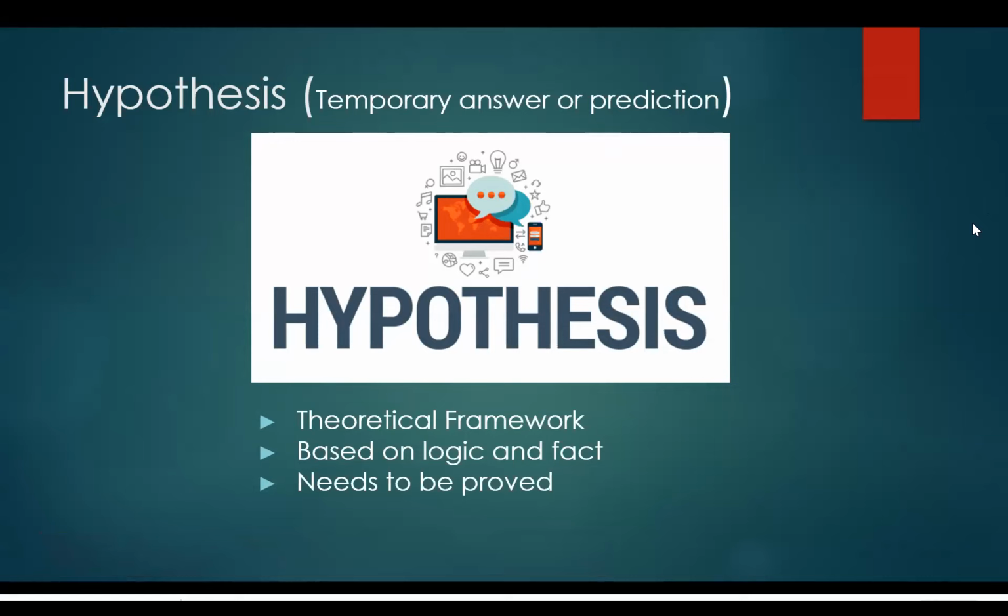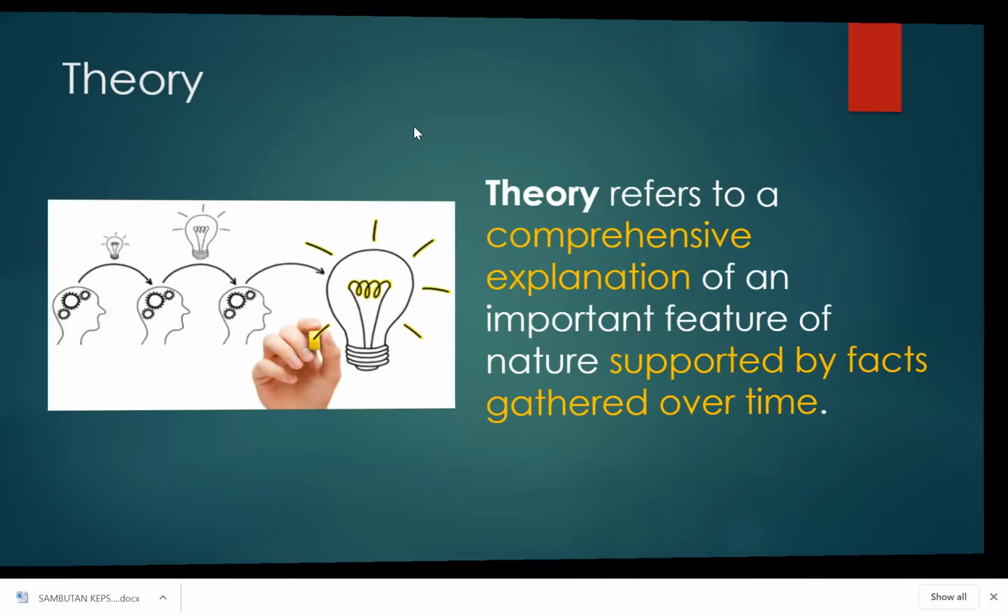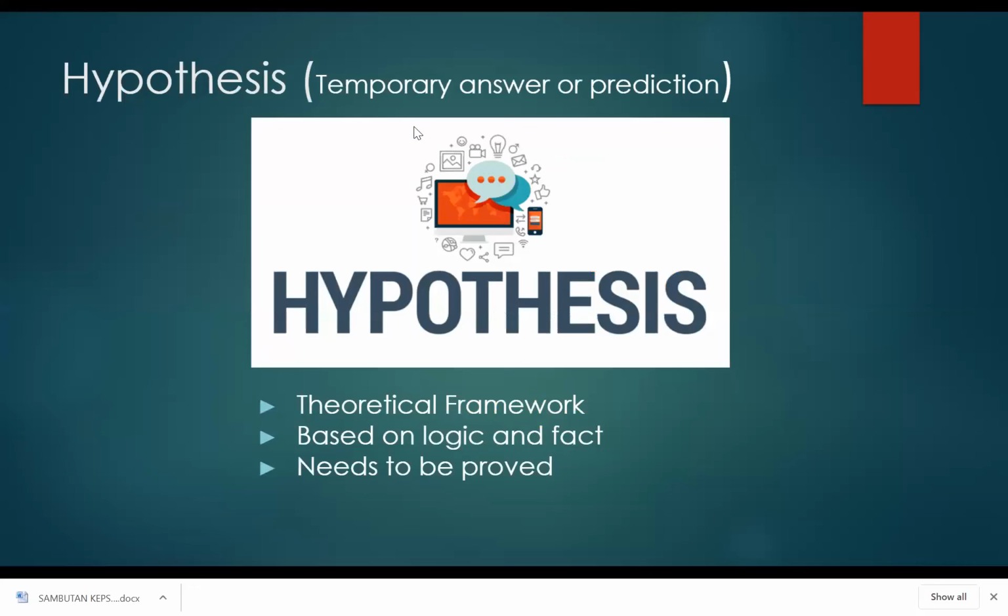Okay, one of the steps in the scientific method is formulating hypothesis. And this is the slide that we learned from last week, that hypothesis means a temporary answer, and prediction. Also, hypothesis must be based on logic and fact.